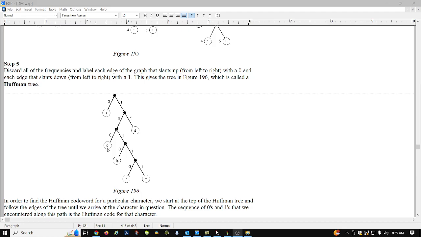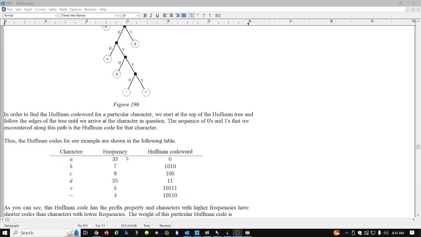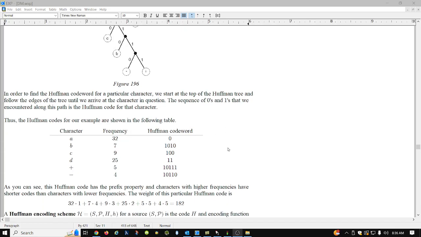For C, it'll be 1, 0, 0. And here's a list of the Huffman code words and the encoding function at the same time in this table. Frequencies are no longer necessary, but it's useful information to have if you're encoding messages, I suppose.